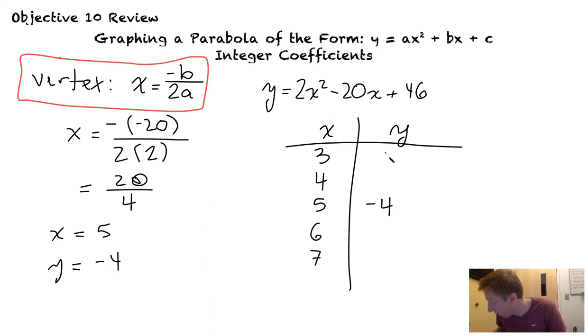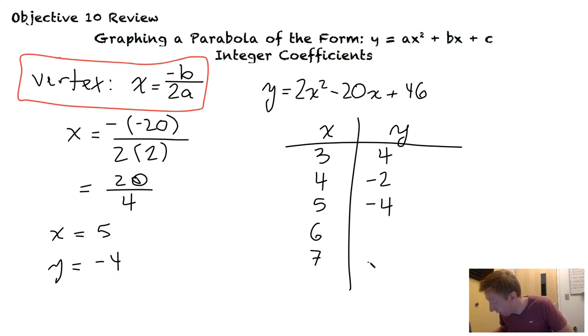We now need to solve for the y values for the rest of these points. So to start with the first one, we'll substitute 3 into the equation, and the y value we solve for is 4. Then we'll solve for y when x equals 4. The y value we solve for is -2.